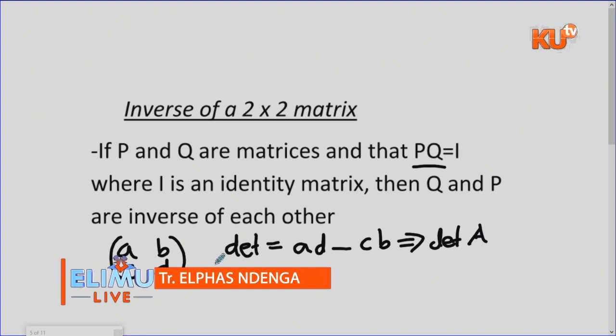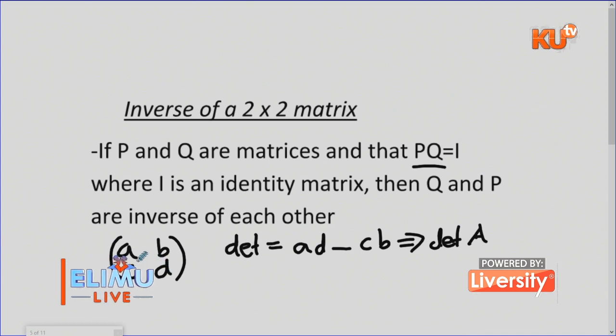Then step number 2, we interchange the elements in the leading diagonal. A and D are the elements in the leading diagonal. Where there is A, put D, and where there is D, put A. So I will have D, A in this case.